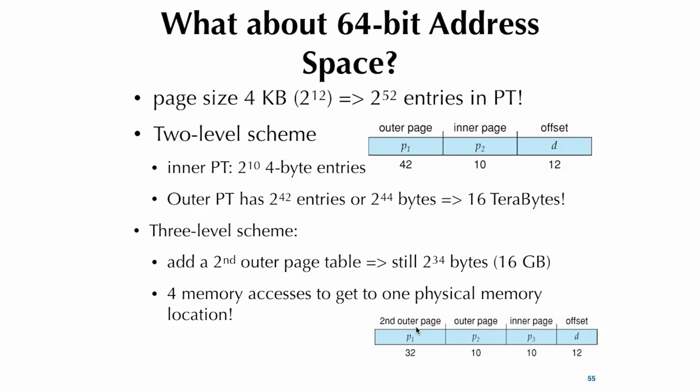And the hope is you never have to allocate. It's doing some lazy evaluation here. But if you really have to use up the entire memory, you're going to be spending all your time or all your memory adding all these intermediate ones, because it's not enough to just add another one. You have to add one just to add another inner one, and so forth, right? So that will be a lot of work.